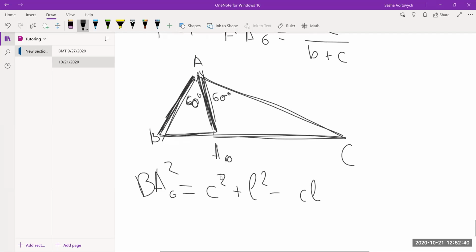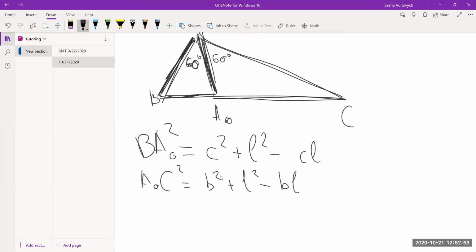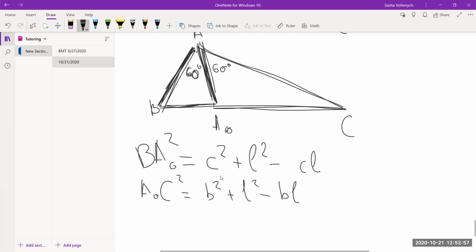Similarly, A0C squared is equal to B squared plus L squared minus BL. So this is the cosine theorem for this triangle.